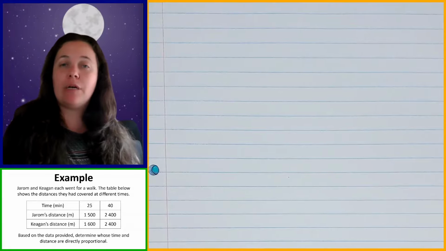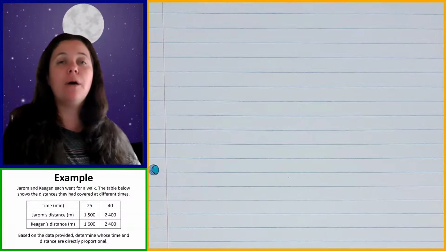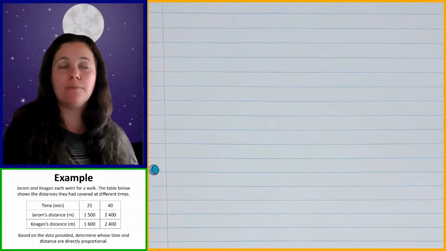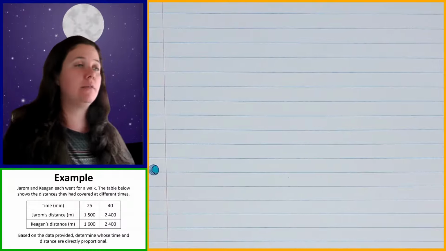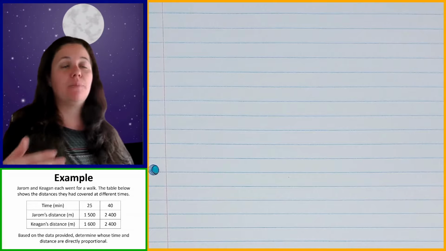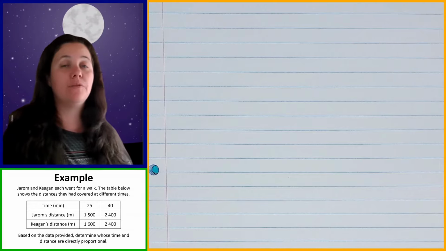In order for them to be directly proportional, when I divide the one by the other, I have to get a constant. Okay, so what I need to do is I can choose to divide distance by time, or I can choose to divide time by distance, as long as I'm consistent in the way that I do it. Okay, so I'm going to divide the distance by the time.